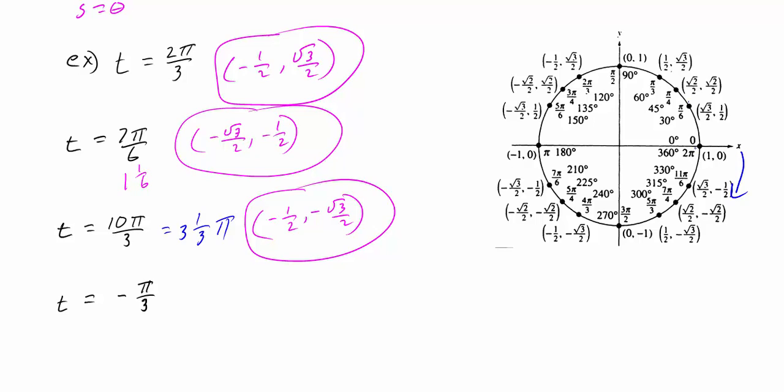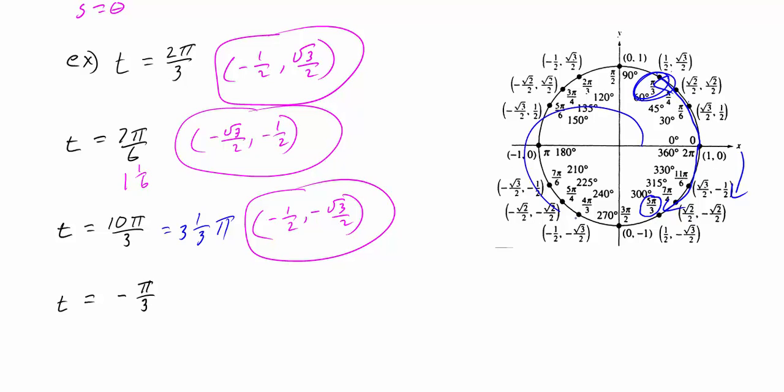And again, if you're having trouble with your fractions and can't figure out which one of these is a negative pi over 3, we can always look once again. If we go up this direction, here's a positive pi over 3, so we want to go to the same location downward. So this point would be a negative pi over 3, which tells us a negative pi over 3 would be the same location as a positive 5 pi over 3.